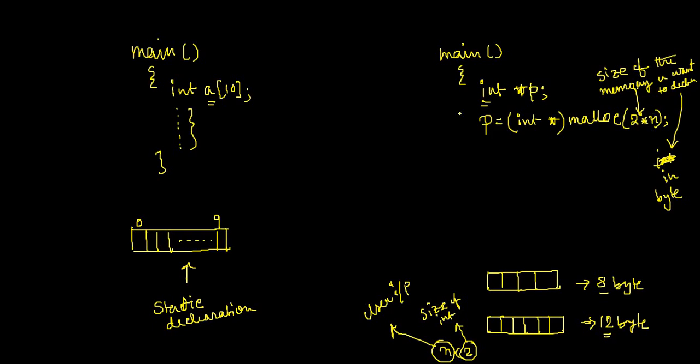And this n will be user input. So before this, I can write a scanf statement that will scan n, and depending on the value of n, some locations will be occupied.